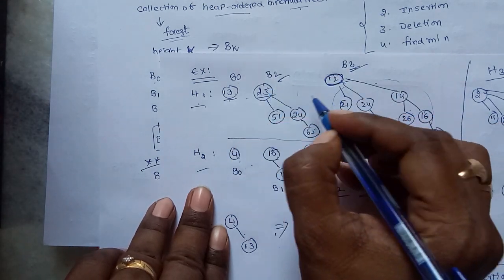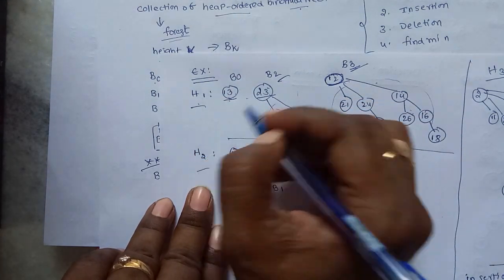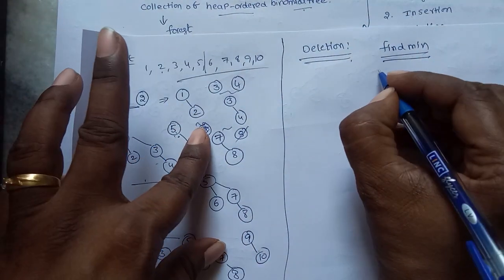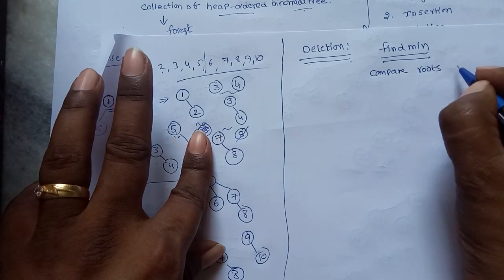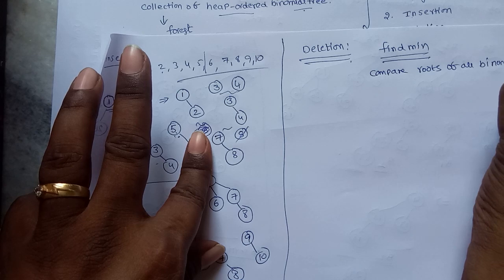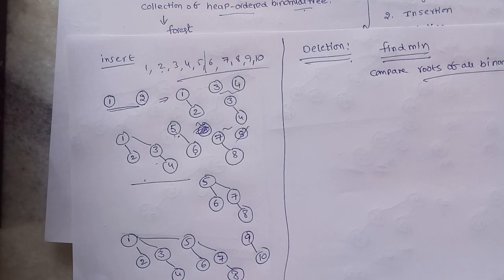This 23 is smaller than the remaining elements. This 13, you have only a single element, no need to compare. So what is the concept? Find minimum means compare the roots of all binomial trees in the given binomial queue.